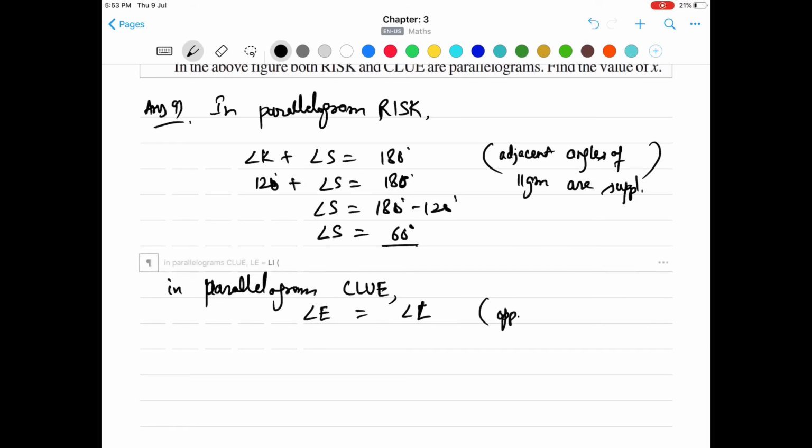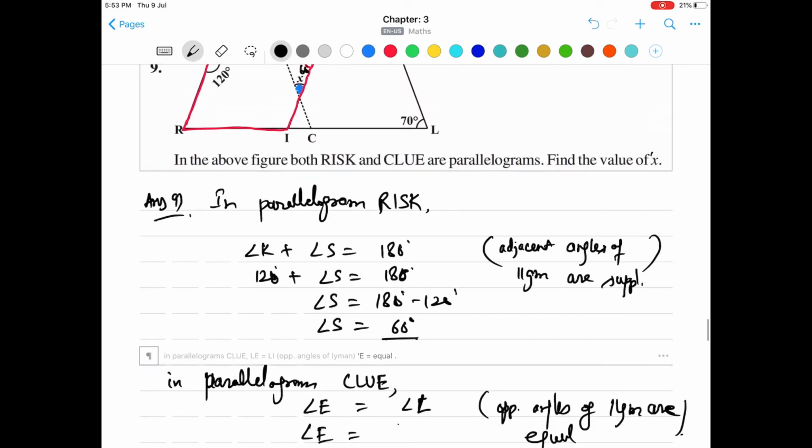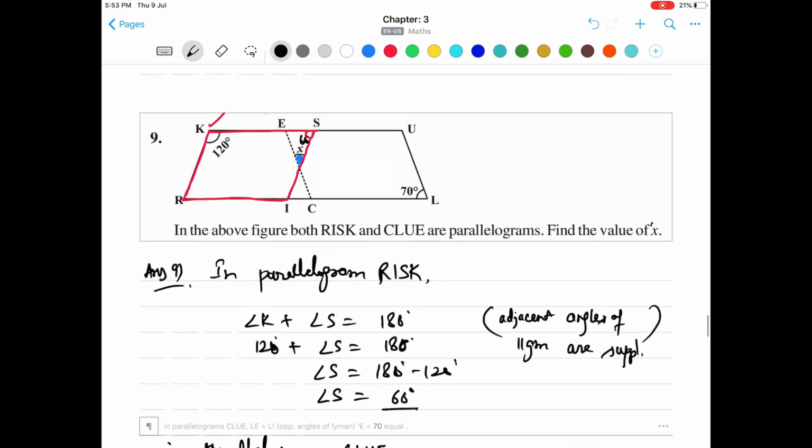We know opposite angles of a parallelogram are equal. Okay, so angle E will be equal to 70 degrees. So the angle E here is 70 degrees.